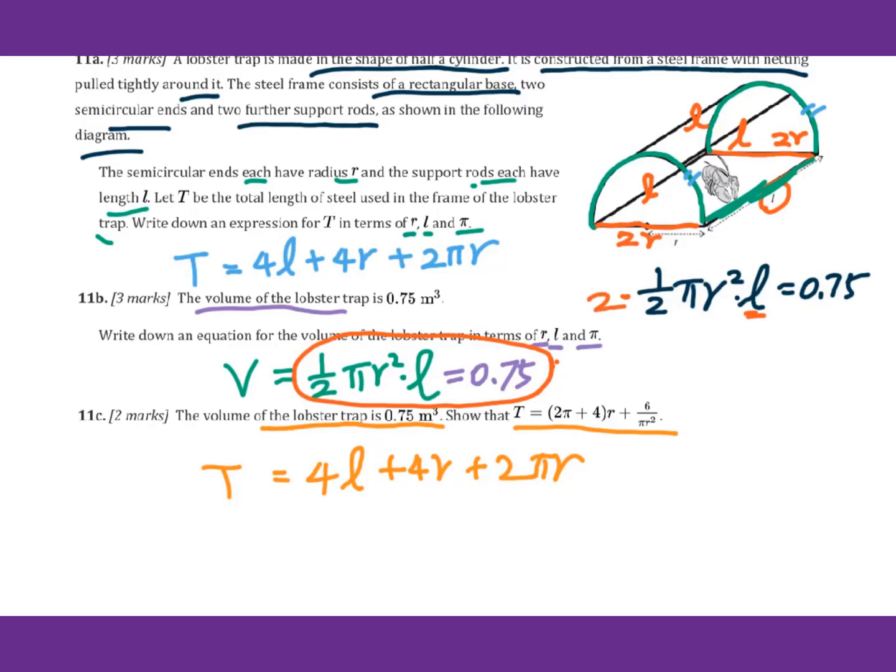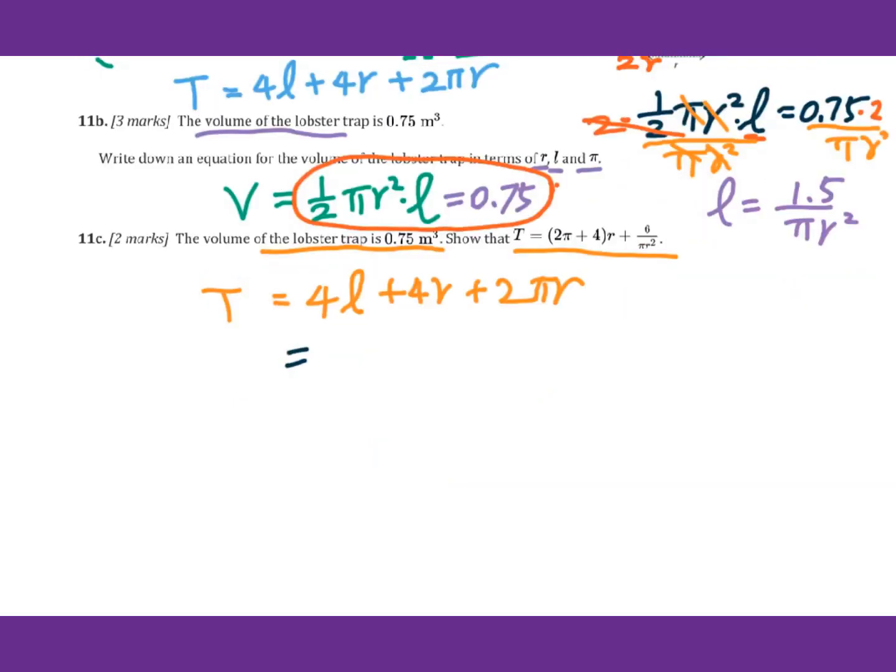We multiply by 2 both sides. Then you need to divide by pi, both sides. Then you divide by r squared, both sides. So we get L equals 0.75 times 2, that's 1.5, over pi r squared.